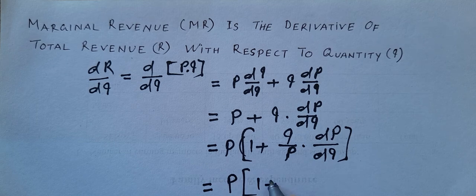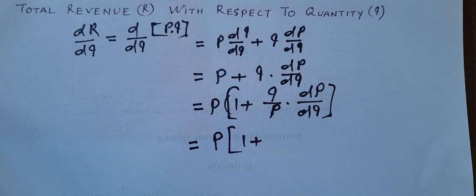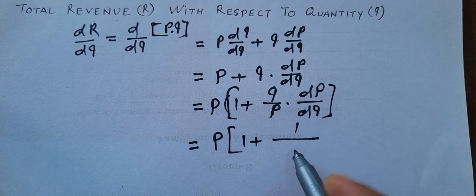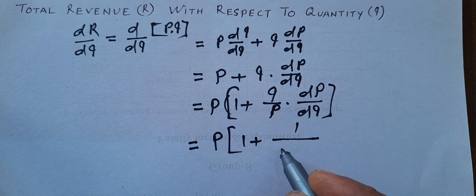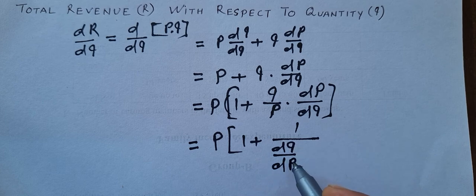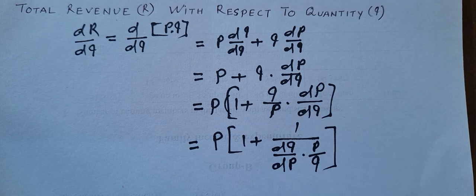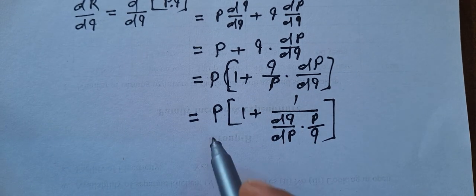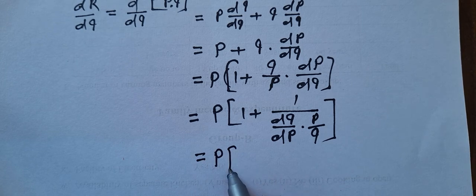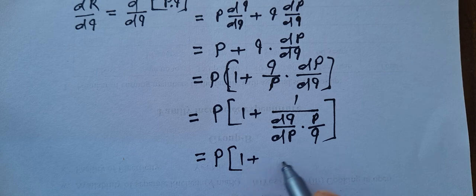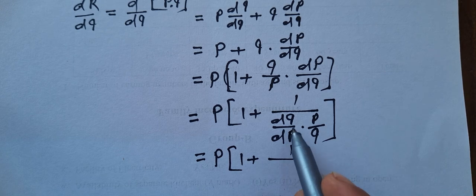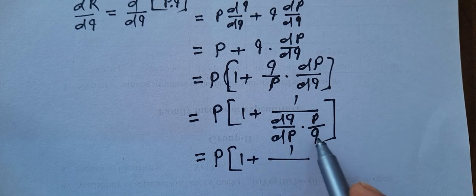If we take this portion in the denominator, we have to write it this way: P times 1 plus 1 by dQ by dP dot P by Q. That is equal to P times 1 plus, and we already know that dQ by dP into P by Q is nothing but elasticity of demand.